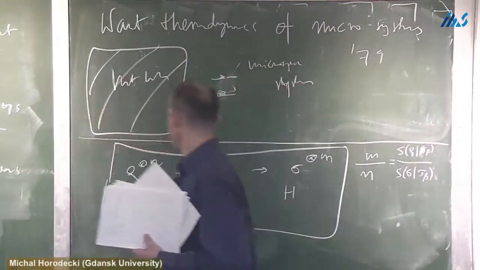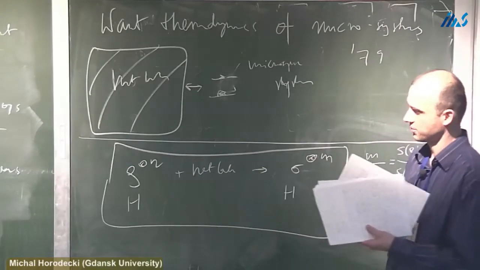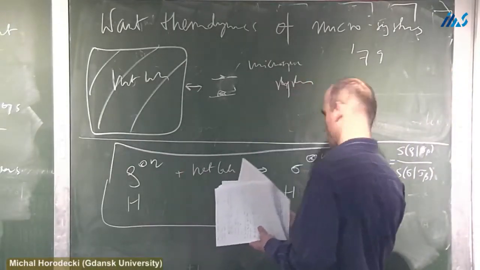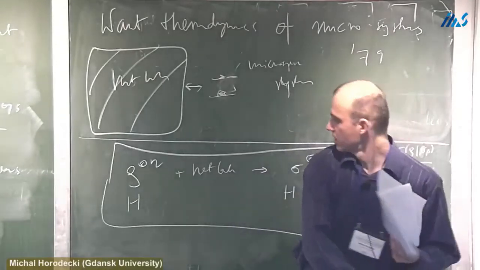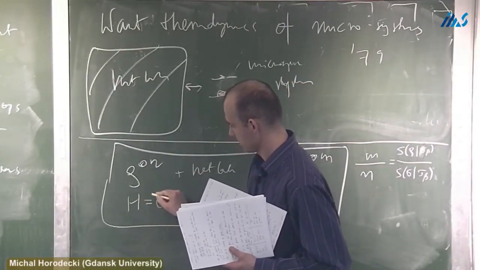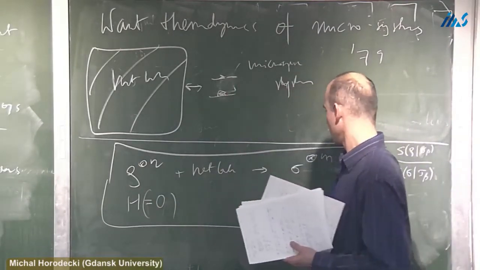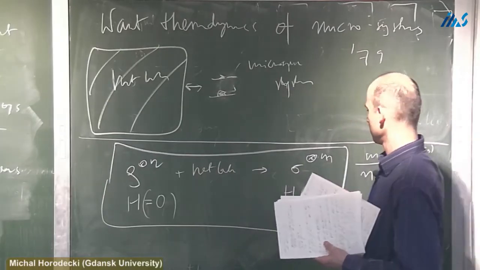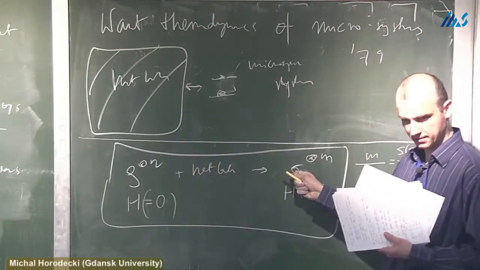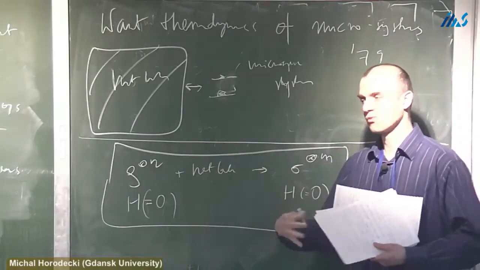The main goal of Thermo for Kids was there was no Hamiltonian, so H was 0, and mainly we were talking about getting a pure state. But of course we formulated it more generally.